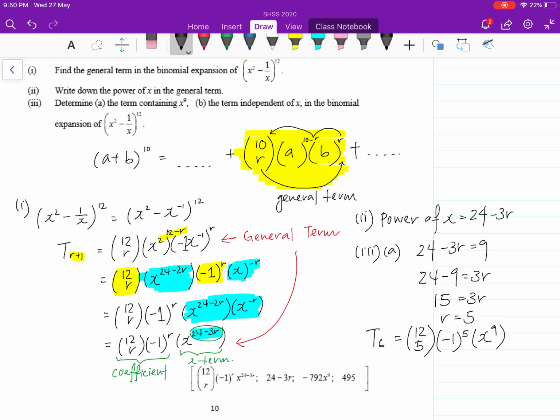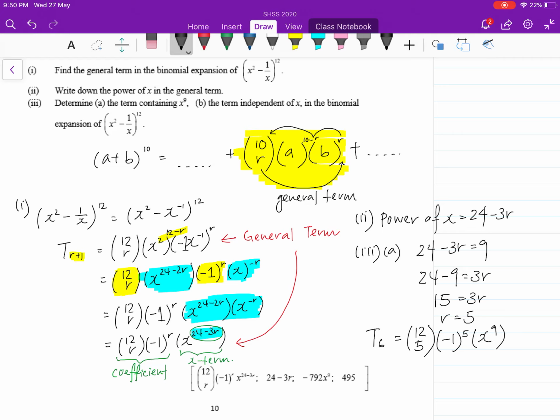I want x to the power of 9. So if I press my calculator, 12C5, I get 792. So this is 792. Minus 1 to the power of 5 is minus 1. And this x to the power of 9. I get minus 792 x to the power of 9. That is the term with x to the power of 9.